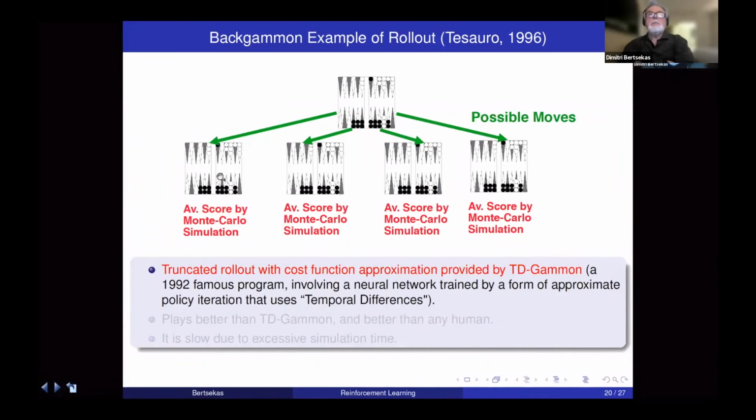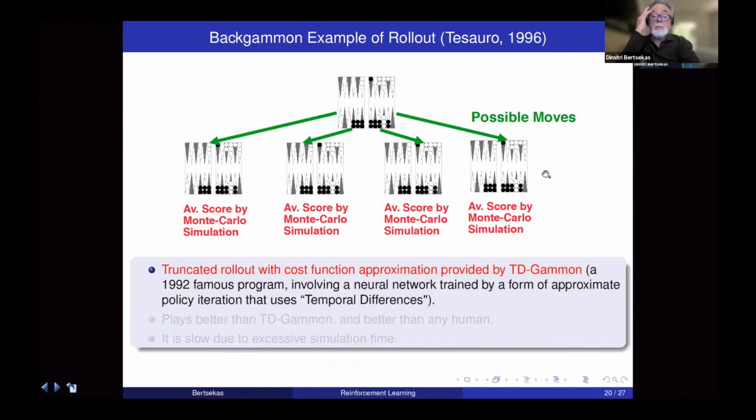There are no intermediate costs. So you have to run the game all the way to the end, and then average the scores, and that gives you a number. That number is the score of the position. It can be viewed as some kind of probability of winning from that position. And the algorithm selects the play that leads to the position of highest score for that player. That's the way Tesauro's scheme worked.